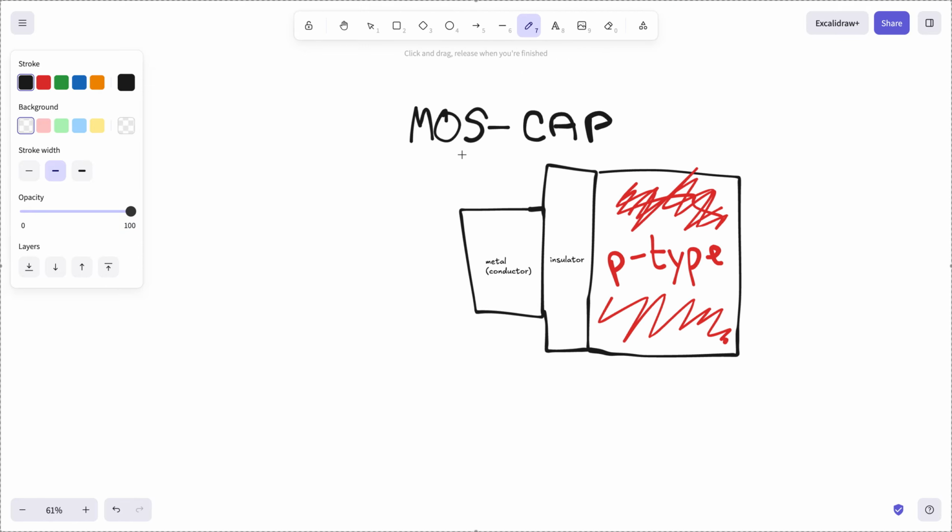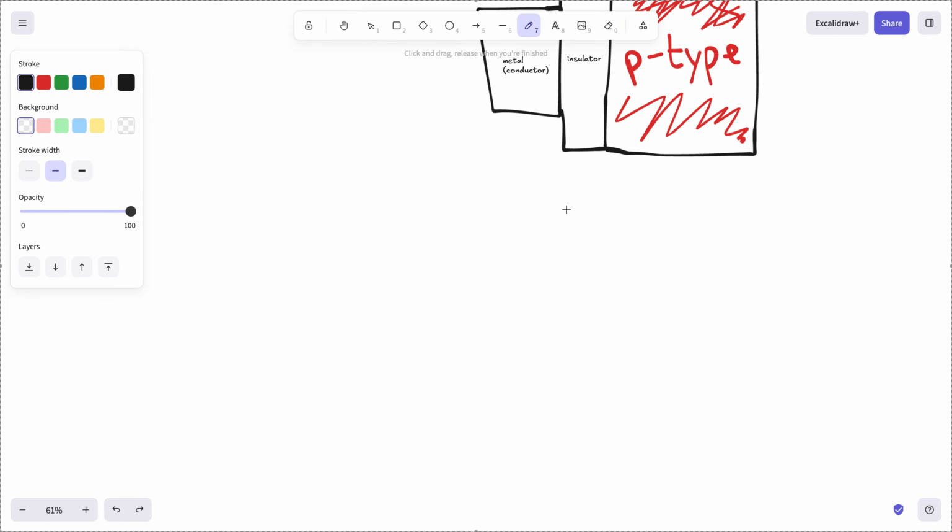One thing I'll also mention is, as we'll see, the MOSCAP behaves like a capacitor. But first, let's draw the band diagram for a MOSCAP when there's no applied voltage, that is, when it's at equilibrium.